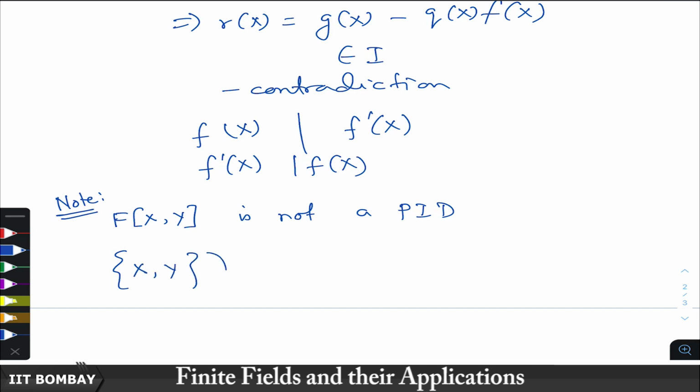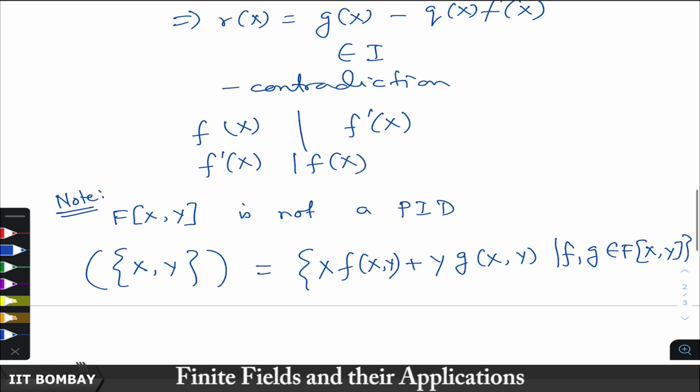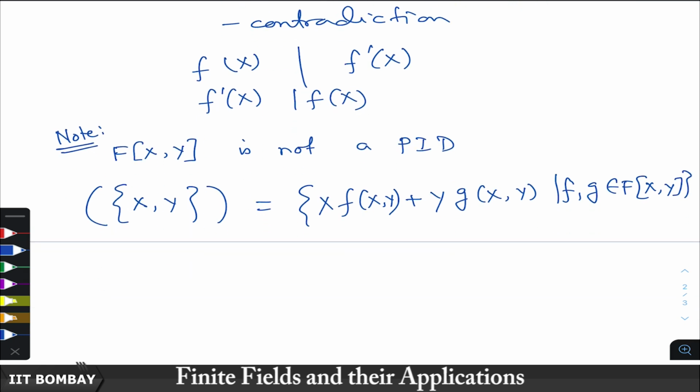Take this set and take the ideal generated by it, which is basically the set of elements of the form x f(x,y) plus y g(x,y), where f and g are from F[x,y]. This is the ideal generated by x and y. Now, one can easily argue that there is no single generator polynomial for this ideal.